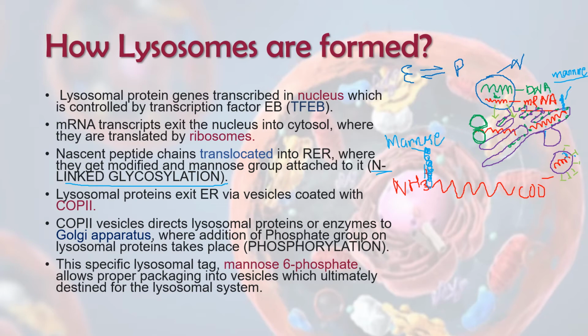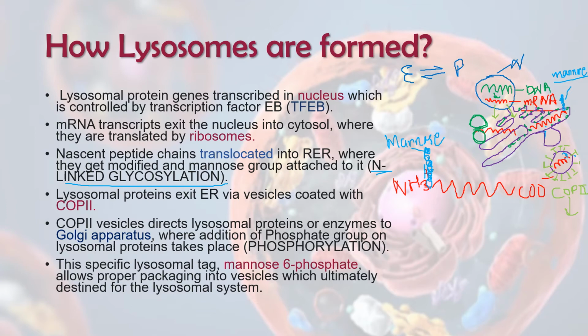So this vesicle has the COP2 type protein, which destines this particular vesicle to the Golgi apparatus.